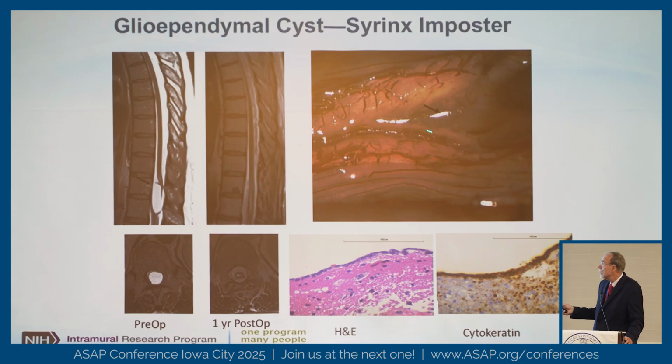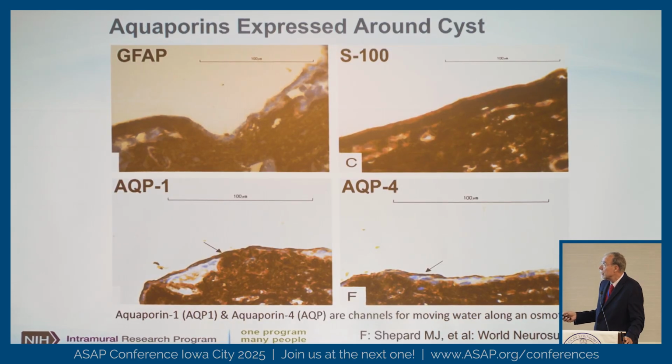But in this case, they did have a defined cell wall, and we could see here, this is the ependyma, and this secretes fluid, and this defines what's called a glioependymal cyst. And we looked at some molecules that are involved with secretion of CSF-like fluid in this cell wall.